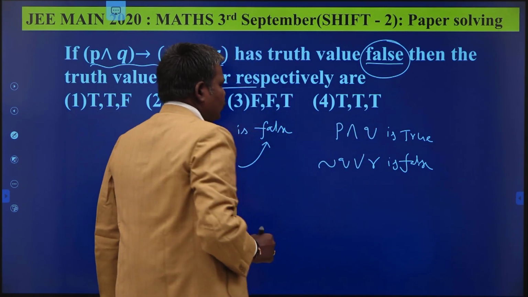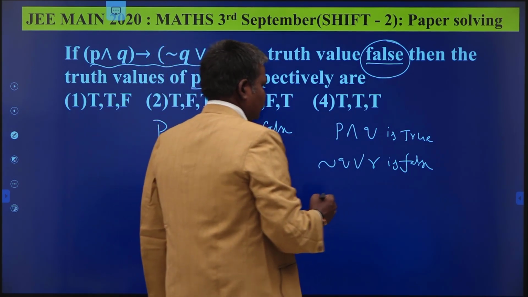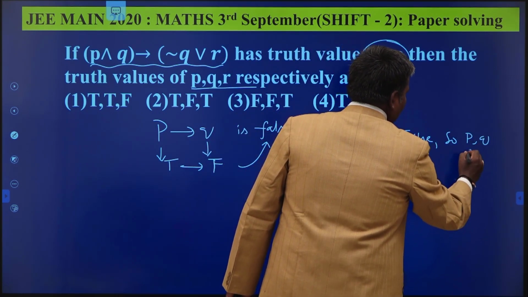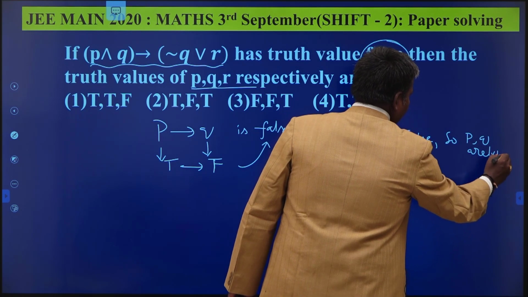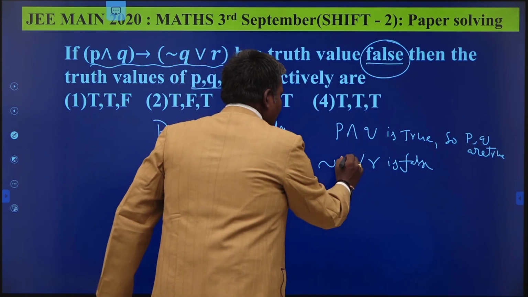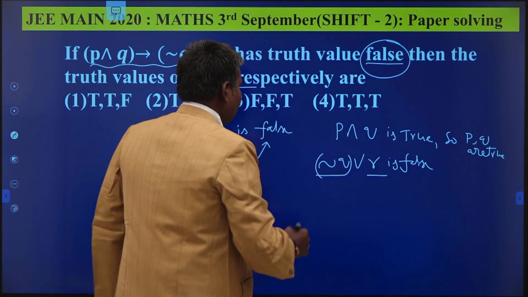P and Q is true when P and Q both are true. So, P, Q are true. Again, negation of Q or R is false means these both will be false.